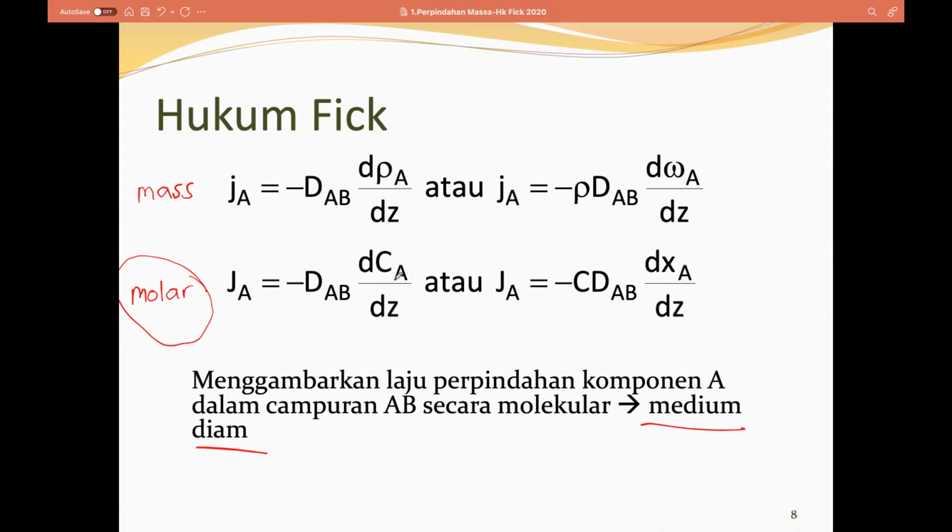This flux JA is analogous to, can you guess what is similar in momentum transfer? What quantity is similar? Like tau, Bu. Yeah, tau. And this is actually similar to what in heat transfer?